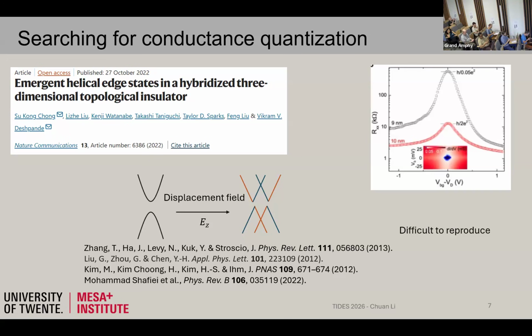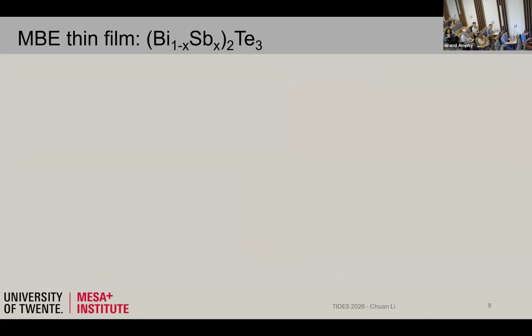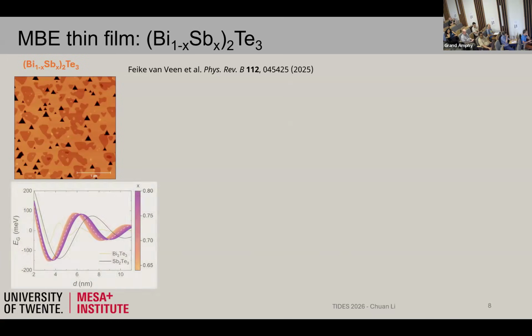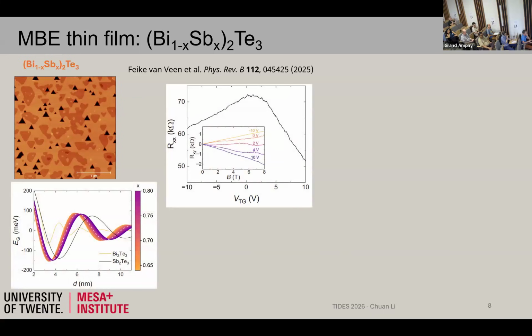But of course, you can see it's quite a complicated setup. And the most difficult part here is to reproduce the flakes, because every time you do it, it's slightly different, and it is also hard to make. Sometimes they don't show exactly the same results. So that gives us some space to explore a different approach. One possibility, of course, is to grow it.